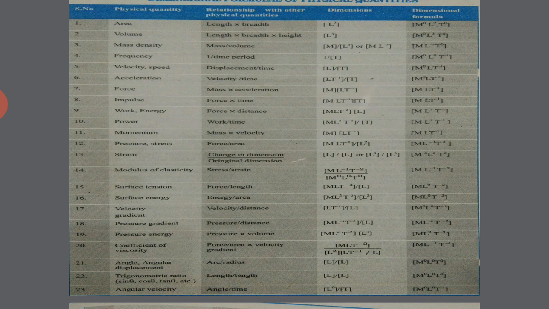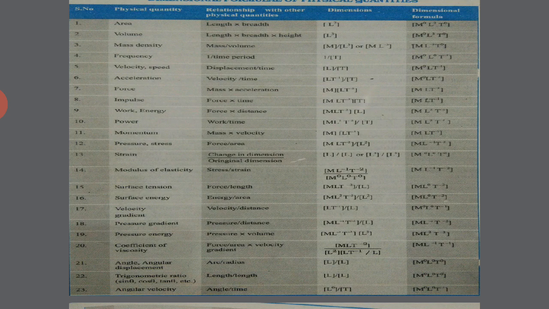Coefficient of viscosity, this formula is very important for your exam and also for competitive exams. It is force upon area upon velocity gradient. Okay, M L minus 1 T minus 1. Keep this formula in your memory for a long time.